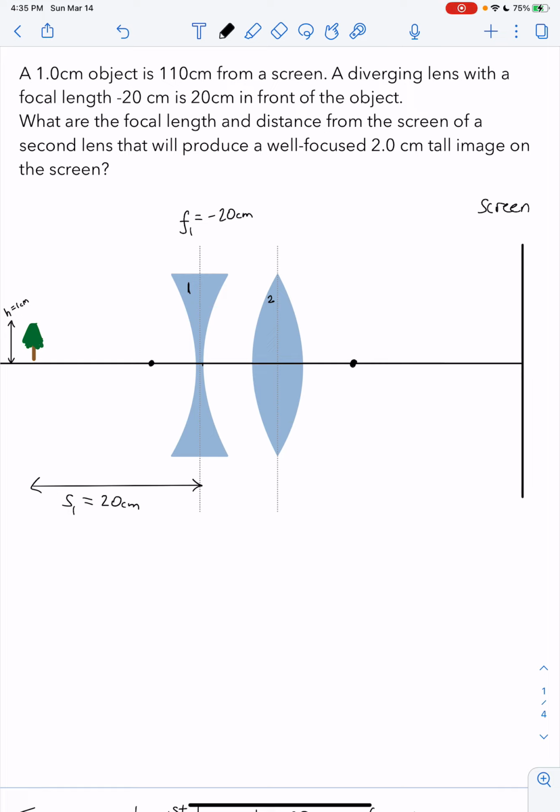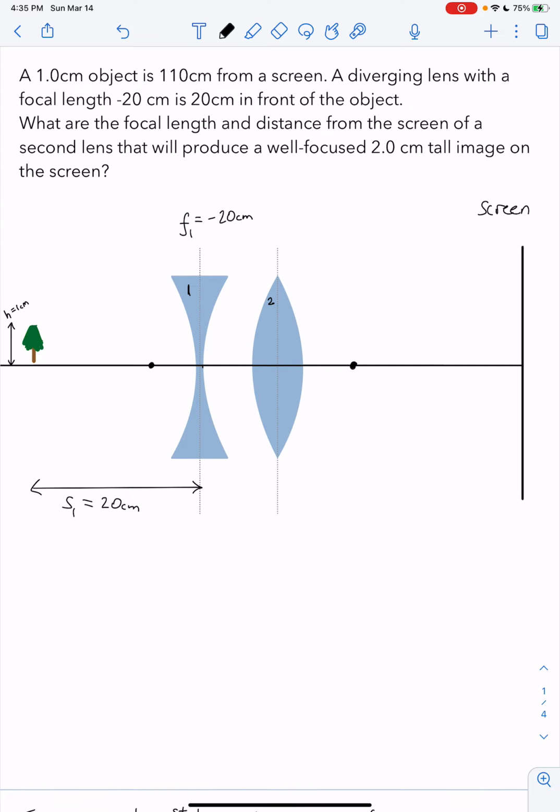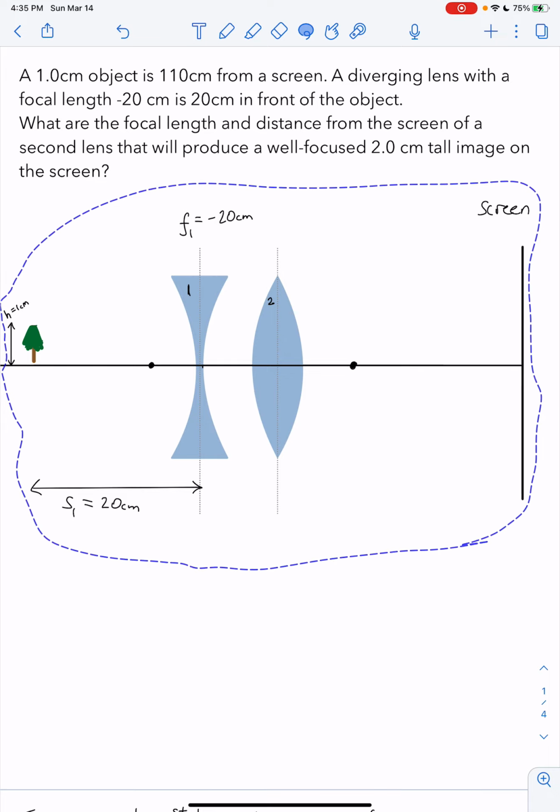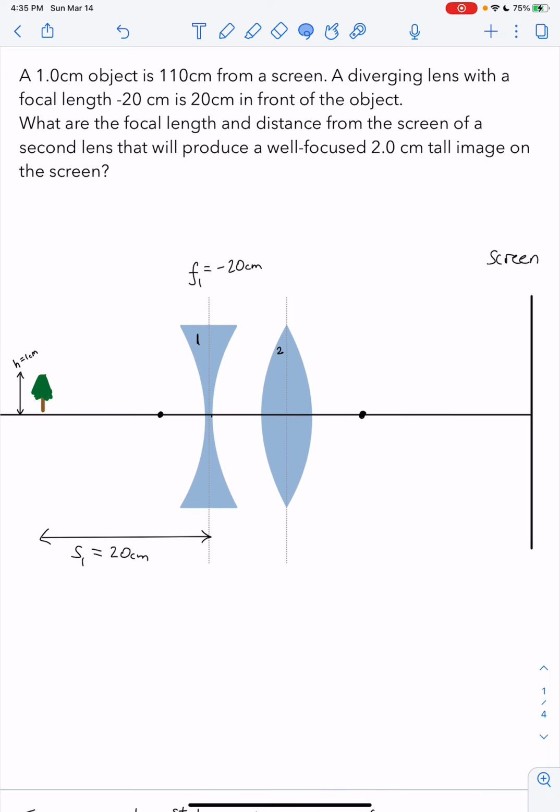Now, let's take careful stock of the information we've been given about all the distances involved. We've been told that the object is 20 centimeters away from the first lens, but we've also been told that the object is 110 centimeters from the screen. I'm going to draw that here.